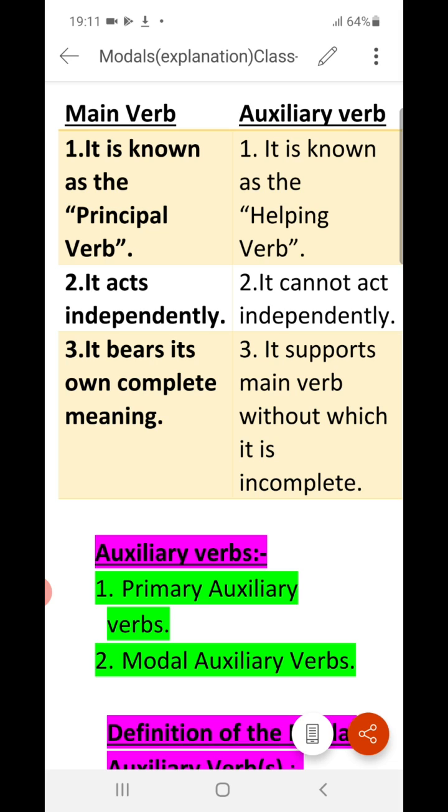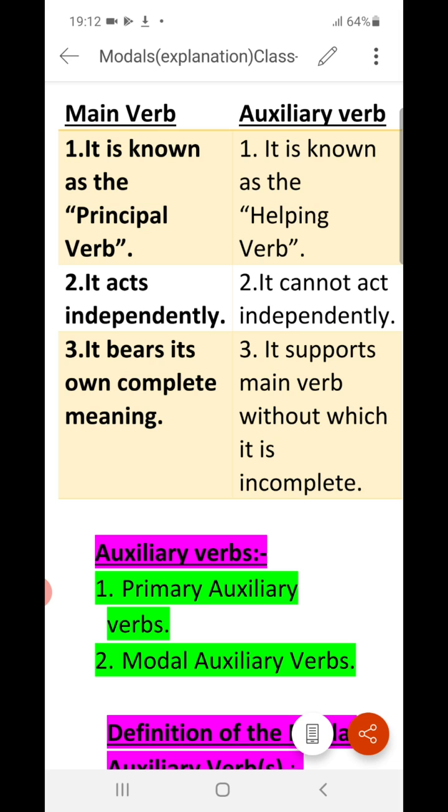Whereas in case of auxiliary verb, it is the helping verb since its basic work is to provide help to the main verb. Now, why is main verb known as the principal verb? We will know this in the third point.